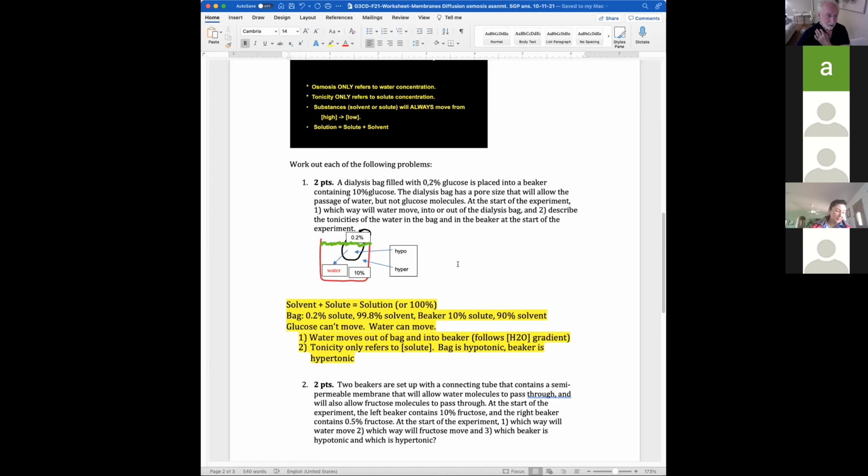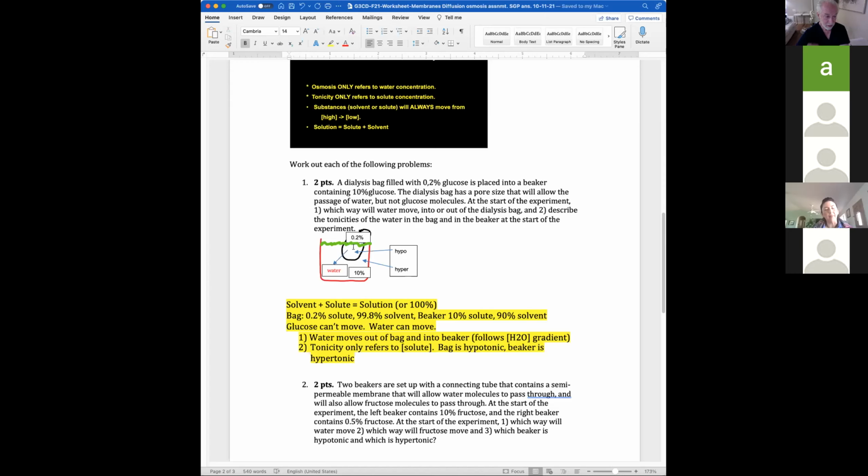And so you have to think about the fact that, go up here to this little table, that a solution has two components, the solute and the solvent. So if you know the concentration of one, then you immediately know the concentration of the other. So in this case, the solute concentration in the bag is 0.2%. So that means the water concentration there is 99.8%. You see that? Yes.